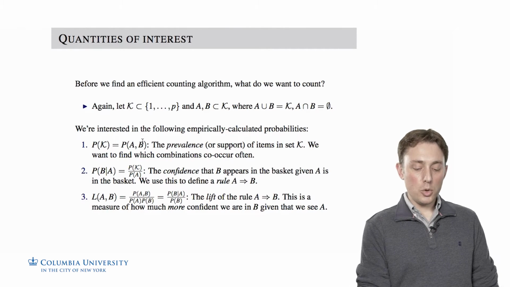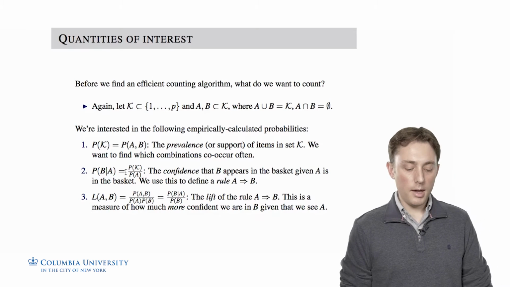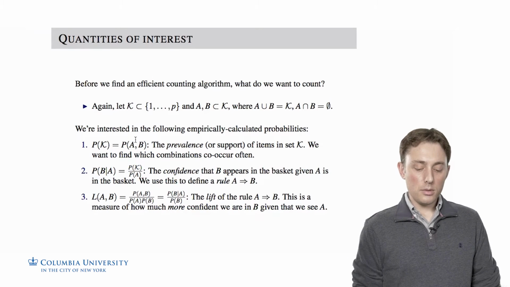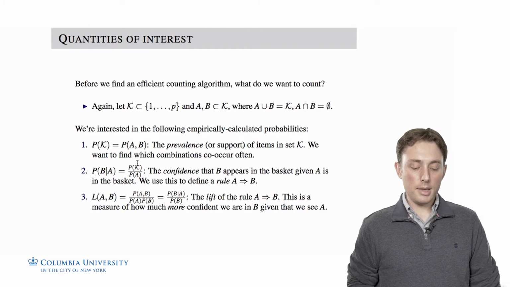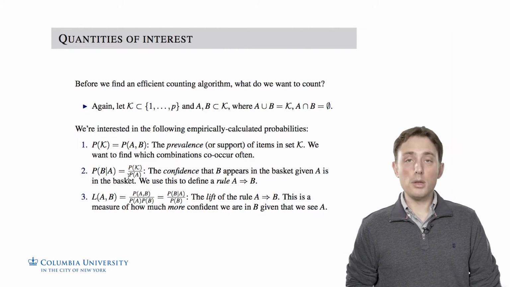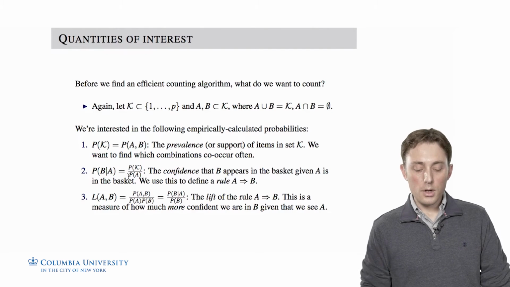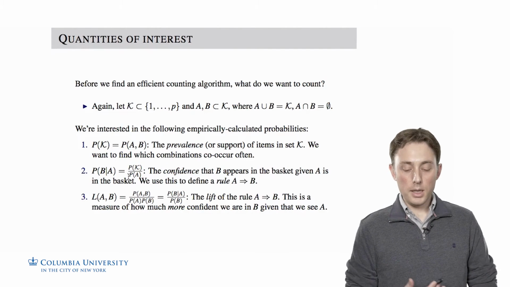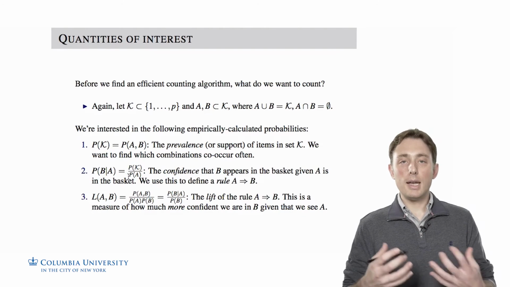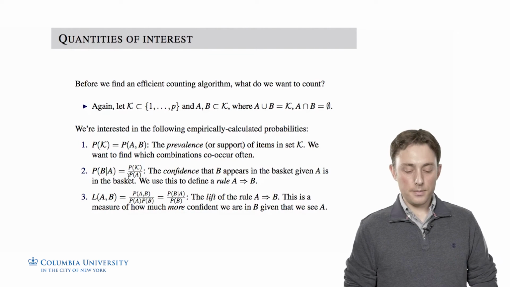This can be written as the joint probability of A and B divided by the marginal probability of A. And since A and B is simply K, that's the probability of K divided by the probability of A. So this is called the confidence. This is the confidence that B will appear in the basket given that A is in the basket.